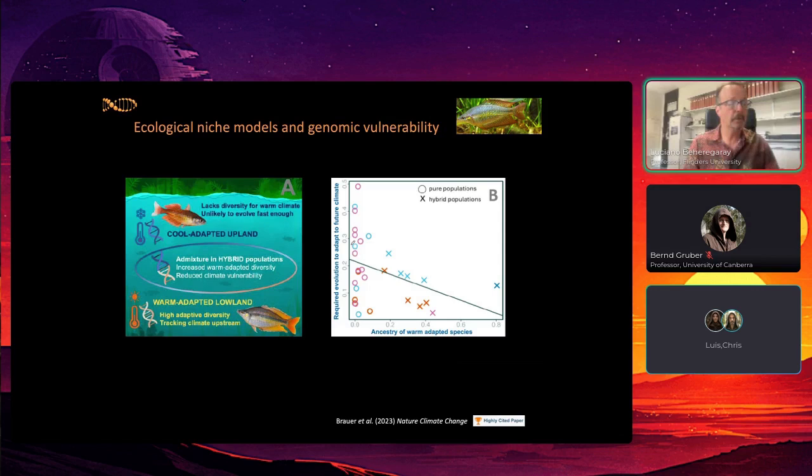Our case study about genomic offset was also primarily done by Chris on tropical rainbow fish found in the Atherton Tablelands in Queensland. So here we have perhaps the only upland tropical rainforest habitat in the country.